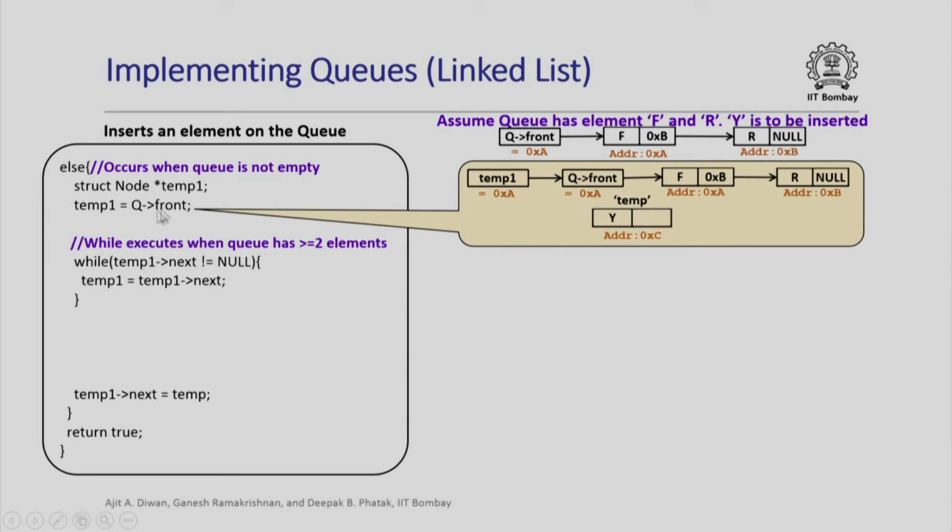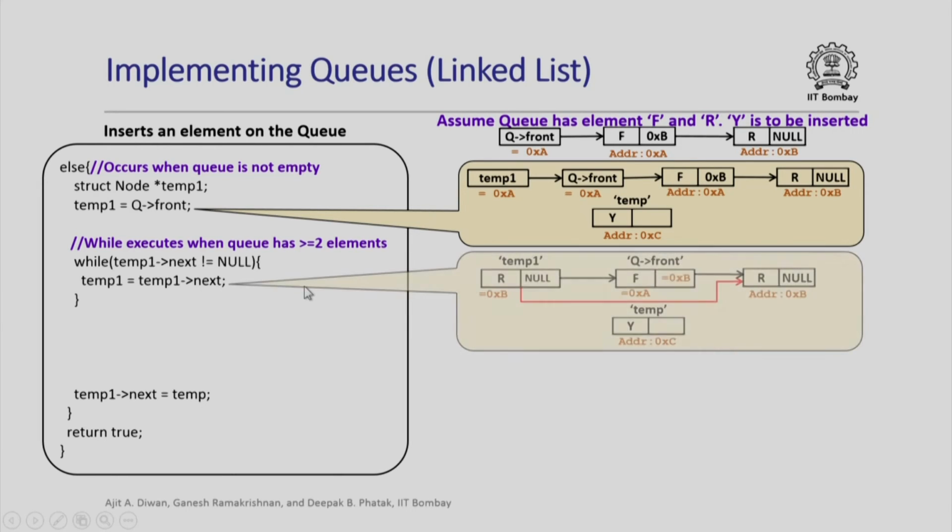First, I will put of course temp1 to point to queue front as we had done last time. So, this will point to the queue front which is currently f. Now, I will execute the while statement and this while statement will ensure that the temp1 is now allocated to the temp1 next.